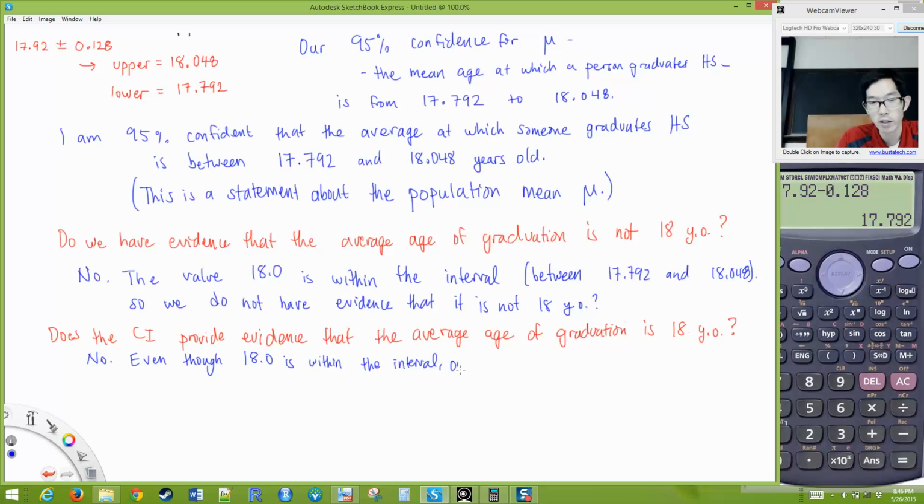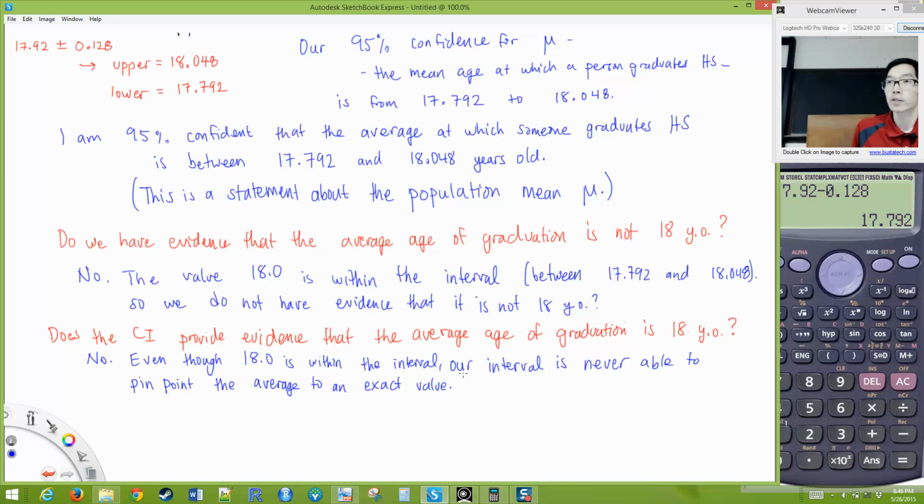Our interval is never able to pinpoint the average to an exact value. So we're always making a confidence interval.